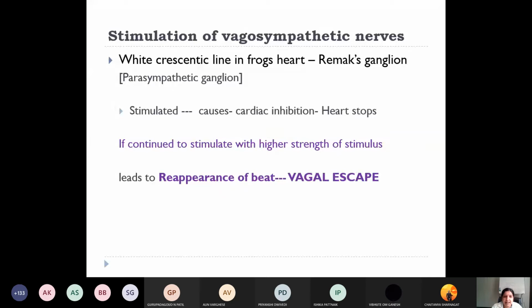Whenever this ganglion is stimulated with an external stimulus, cardiac inhibition occurs and the heart stops. This is the first part, right? But if you continue to stimulate with a higher strength of stimulus, then the heart escapes from this effect and the heartbeat reappears. This is called vagal escape.